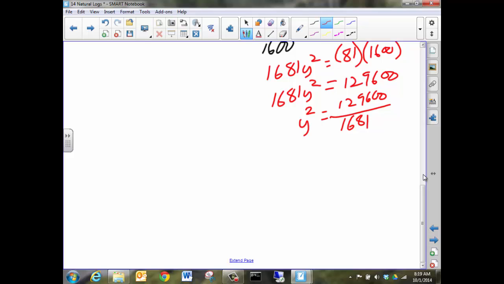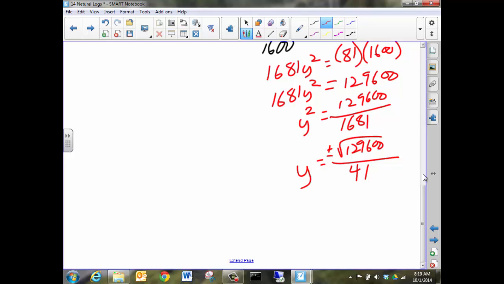Square root. Well, if we square root, what are we going to get? What's the square root of 129600? Okay, so it's the square root of 129600 over, what's the square root of 1681? 41, I think. So y is plus or minus these two numbers.